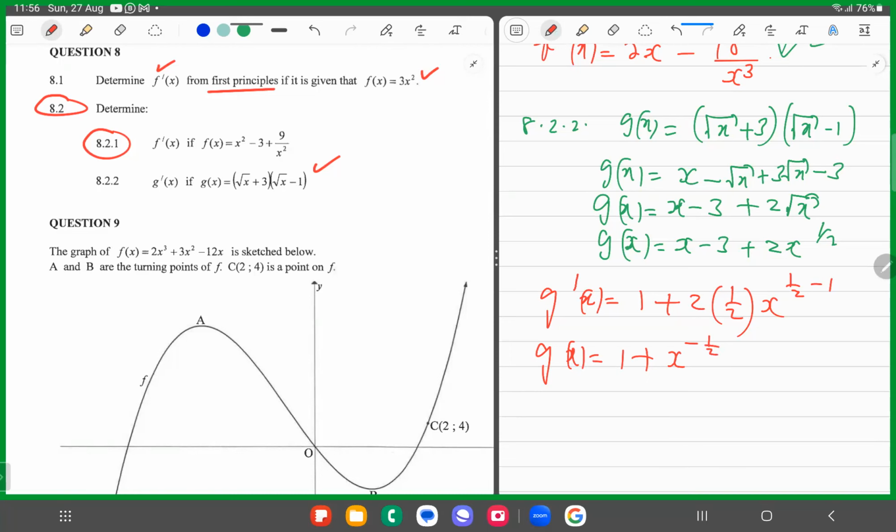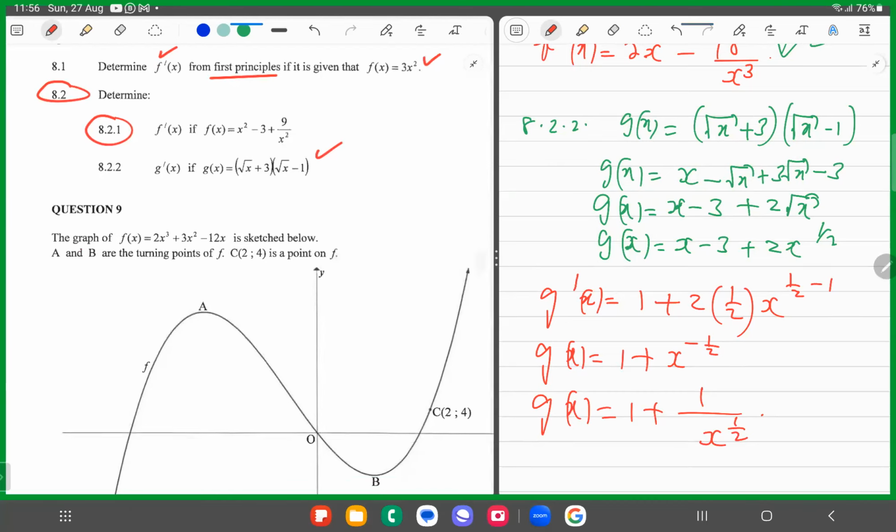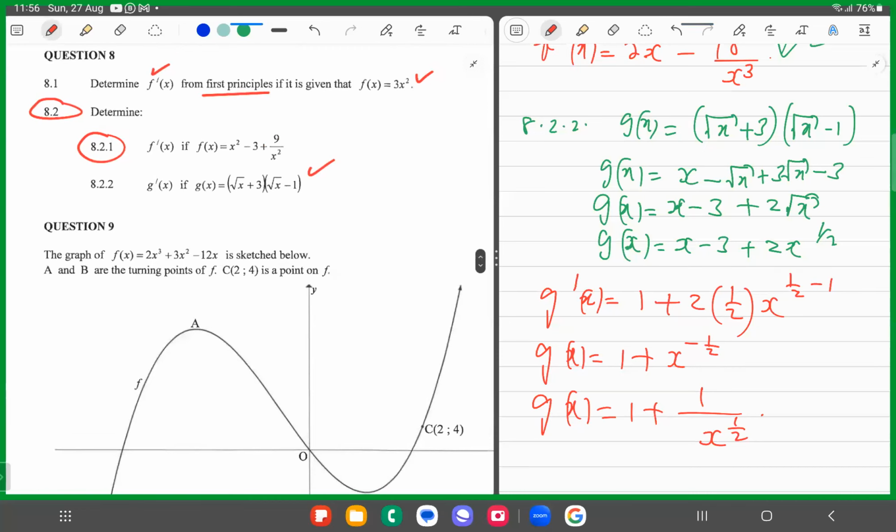That's the answer. But we can write it with positive exponents, so that you have g prime of x equals 1 plus 1 divided by x to the 1/2. So we found the first derivatives there, and we've answered question 8.2.2.